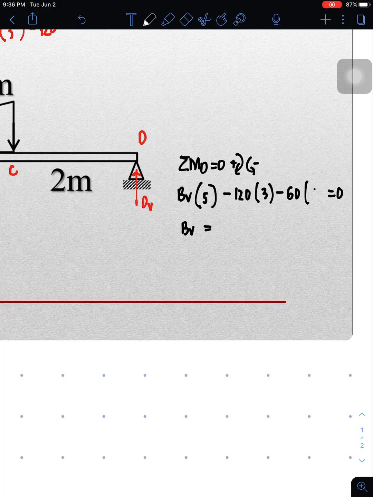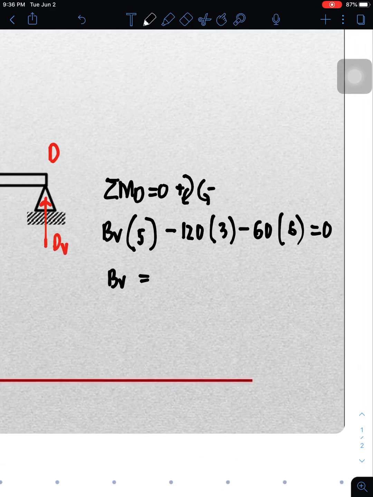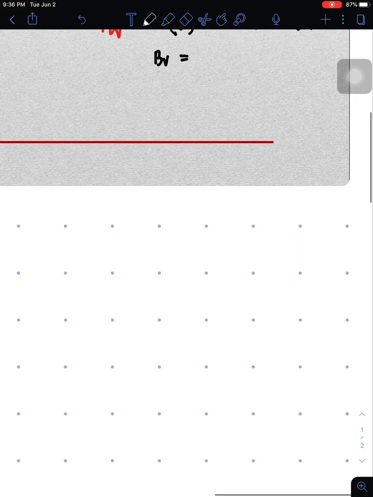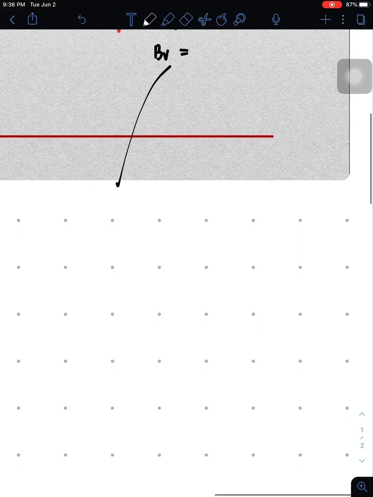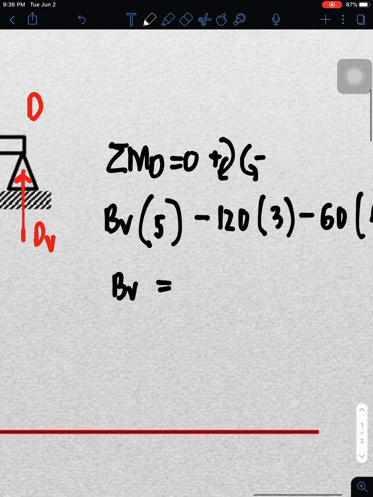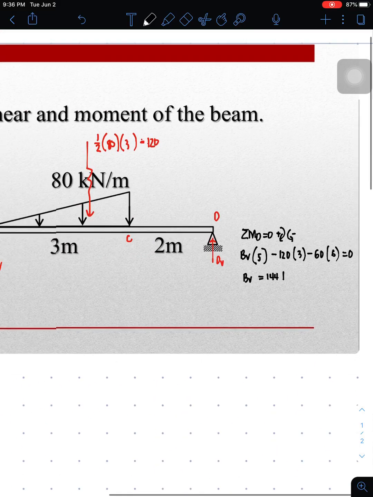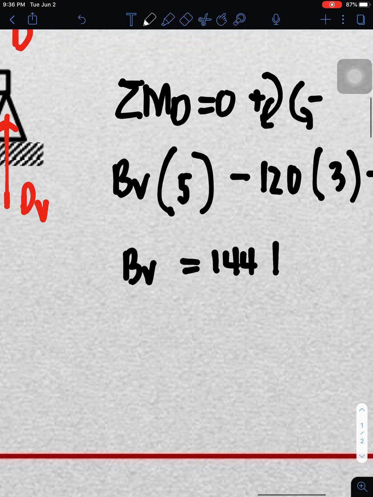So 120 times 3, then plus 60 times 6 divided by 5. The answer is 144 unit kilonewtons.